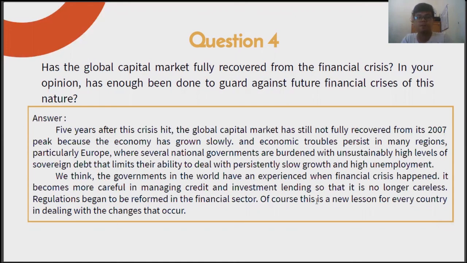Our answer: 5 years after this crisis hit, the global capital market has still not fully recovered from its 2007 peak because the economy has grown slowly and economic troubles persist in many regions, particularly in Europe, where several national governments are burdened with unsustainably high levels of sovereign debt that limits their ability to deal with social problems and high unemployment.